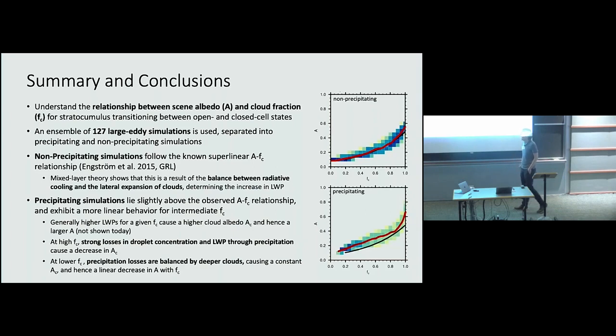At high cloud cover, we have strong losses in the droplet concentration and liquid water path through precipitation, which cause a decrease in AC. At low cloud cover, precipitation losses are balanced by deeper clouds, causing an almost constant cloud albedo and hence a linear decrease in A.